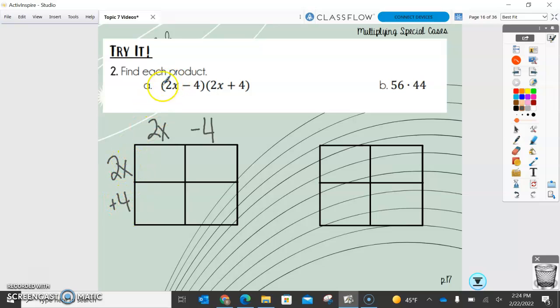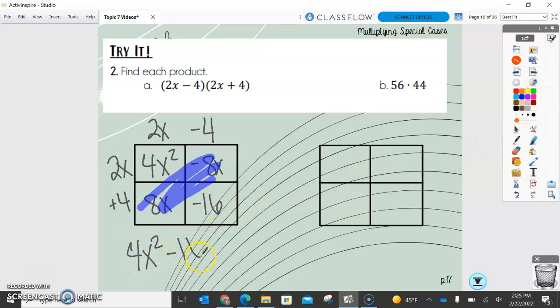You'll notice the a terms of these binomials are the same, and our b terms are just opposite values. Let's take a look at what happens when we multiply this through. I've got a negative 8x up here, and a positive 8x down here, and a minus 16. My two terms that I have just x's on them here, the 8x and the minus 8x, are going to cancel. So I will just have 4x squared minus 16.